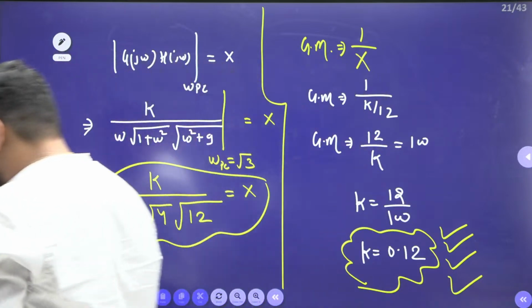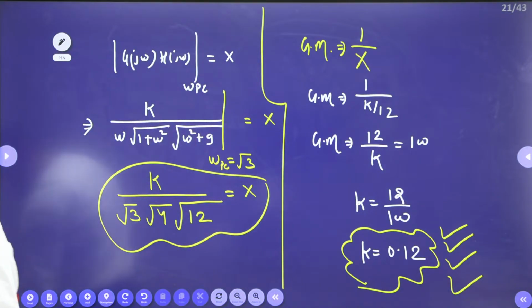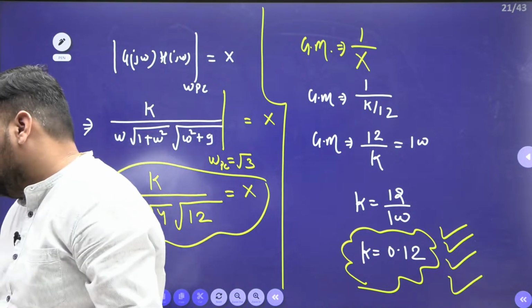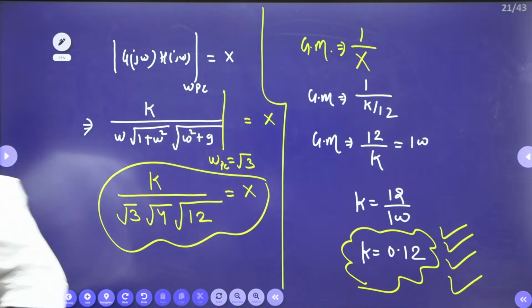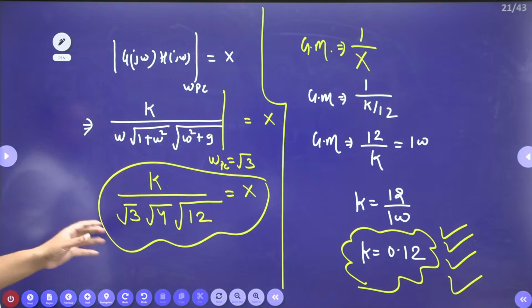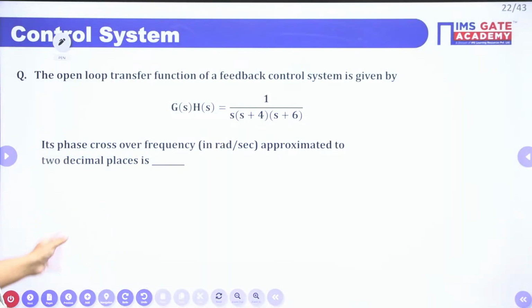Let me know, guys. Manik says that's 0.12. Shabash Manik beta, very good. Shall we go for next, bacho? Yes.